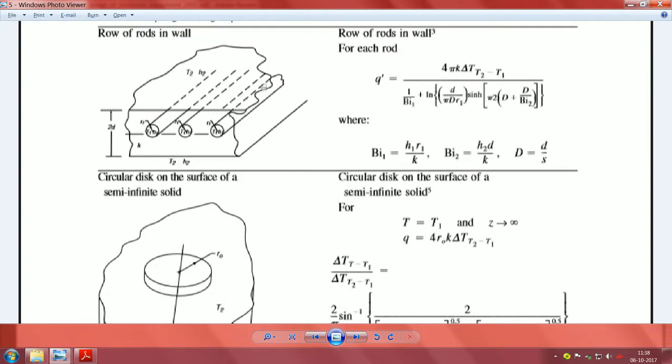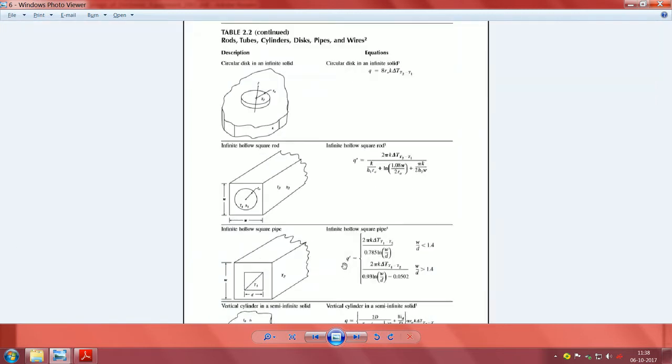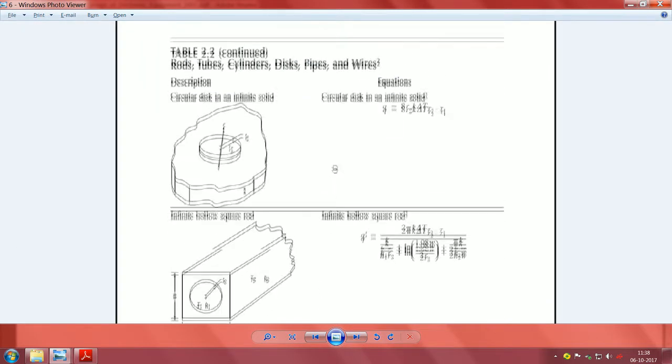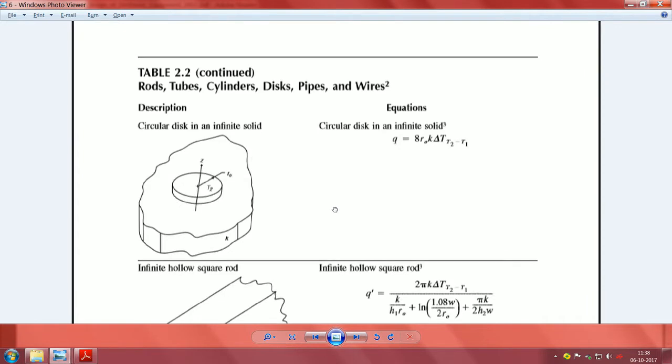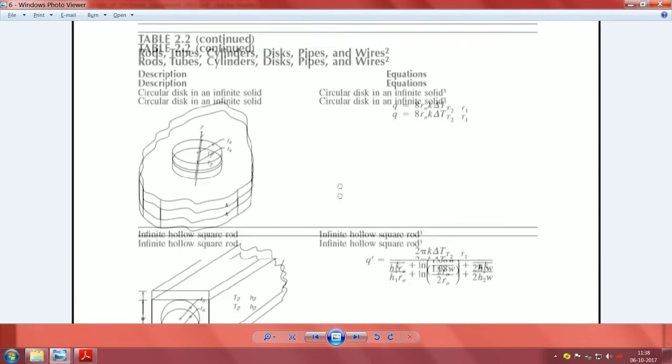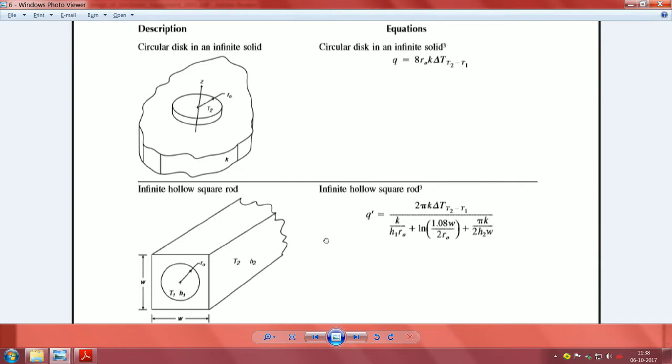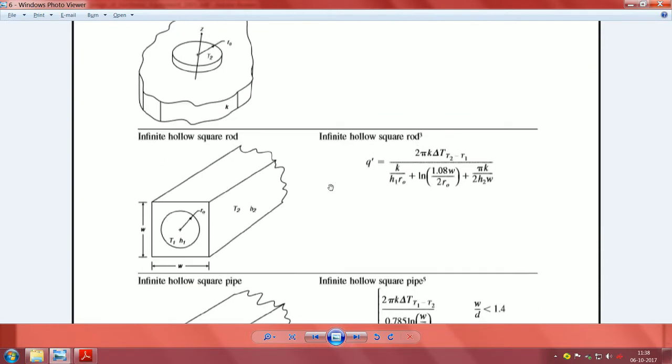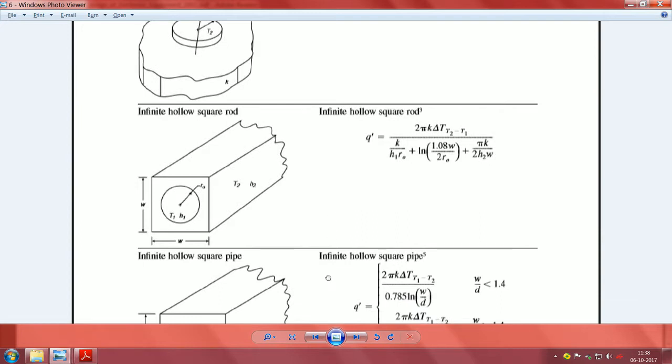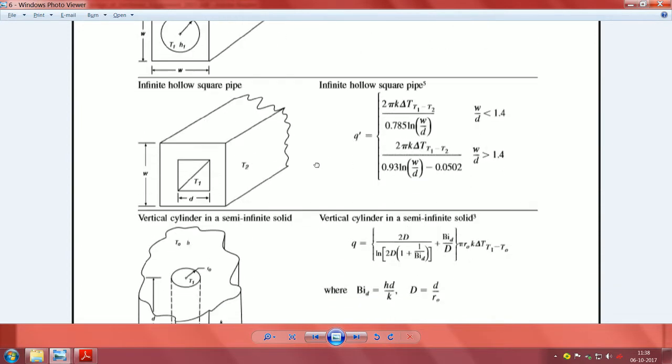In those cases, these can be used effectively. So, we have a circular disc on the surface of a semi-infinite solid. So, various correlations have been worked out. So, we have infinite hollow square rod, means just to make things as if things are easy to do, hollow square pipe, vertical cylinder in a semi-infinite solid.